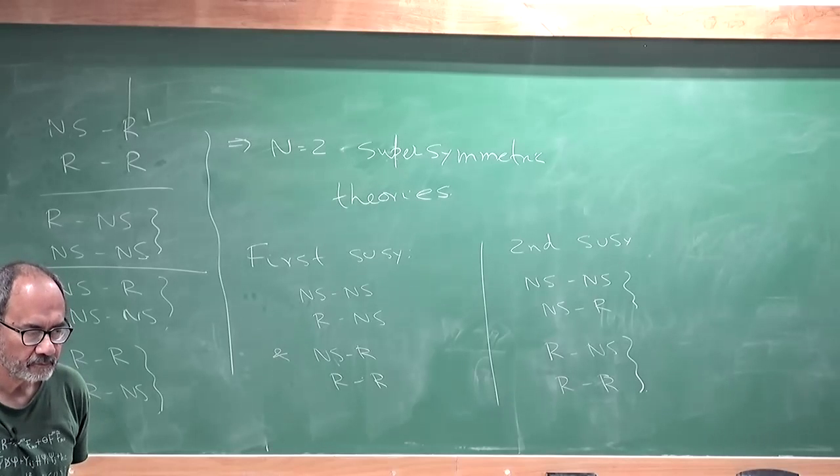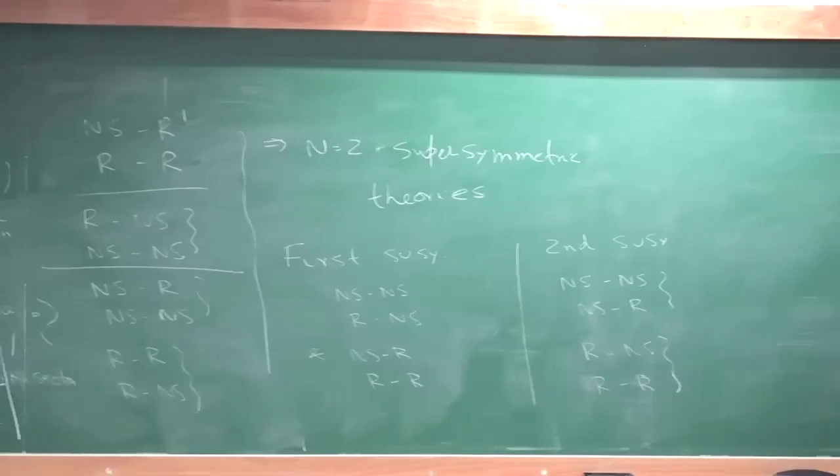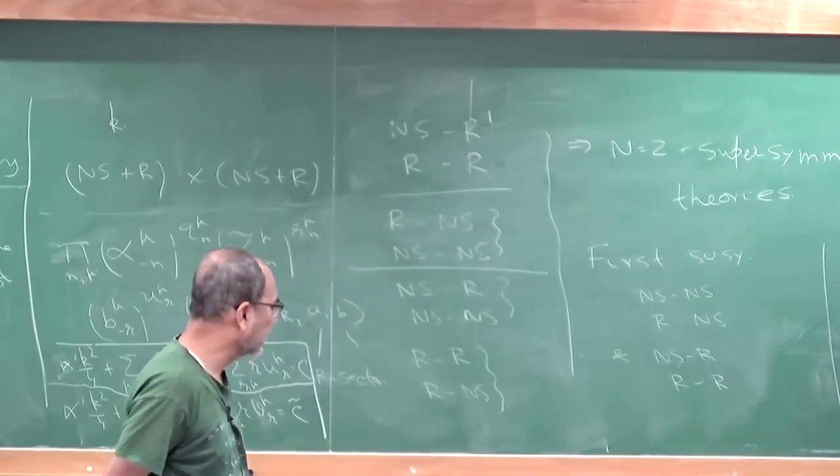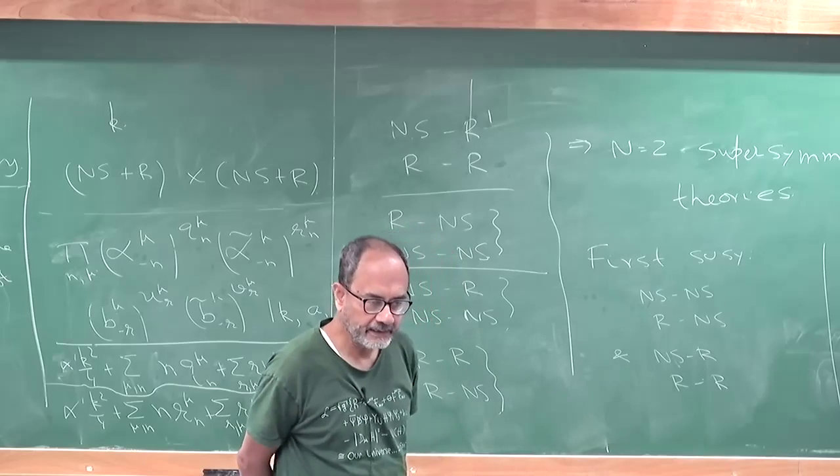So from the target space perspective, there's a total of four classes of states, four subsets. There is a supersymmetry relating two of them, and another supersymmetry relating another two of them. Yes, but two of them don't. You can think of it that way.